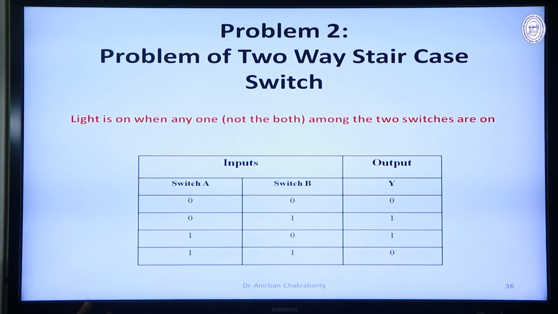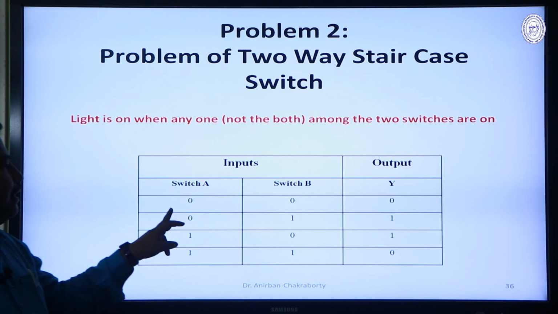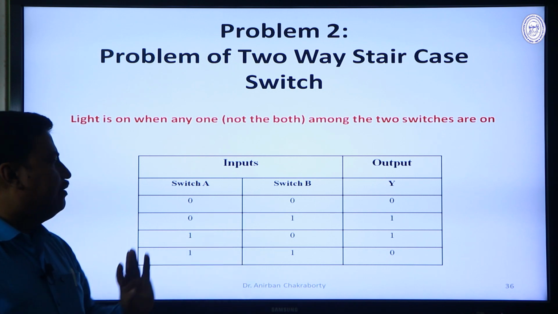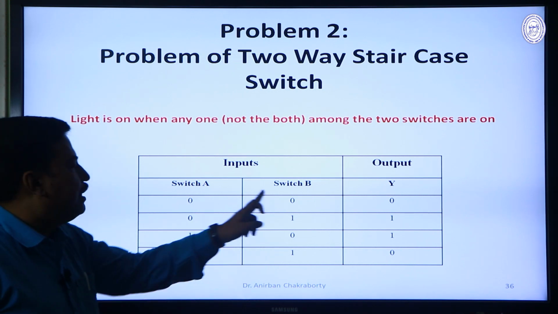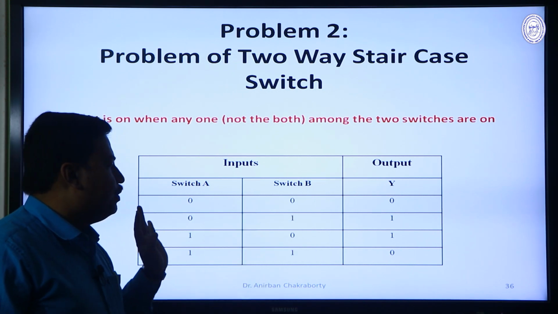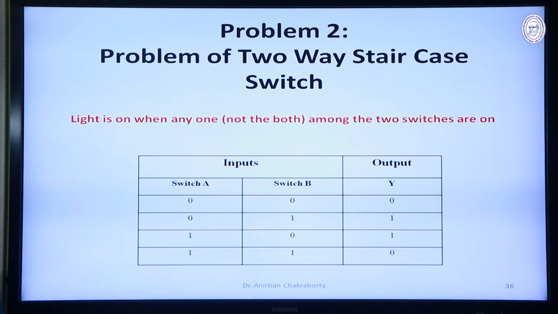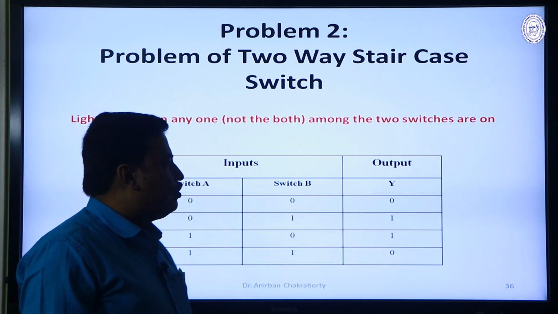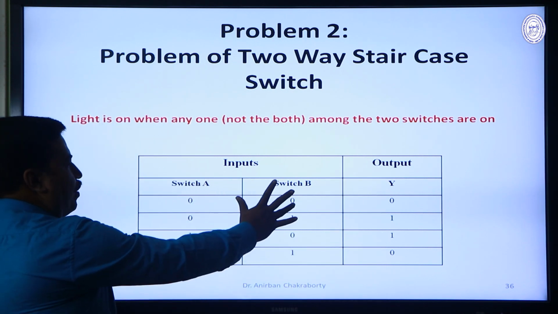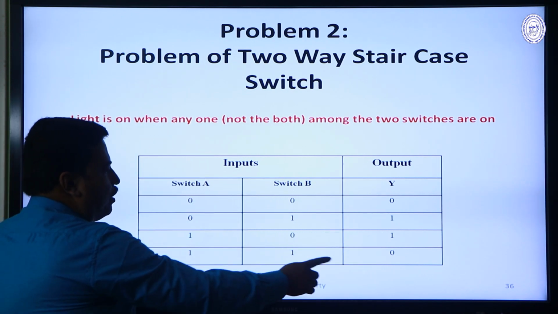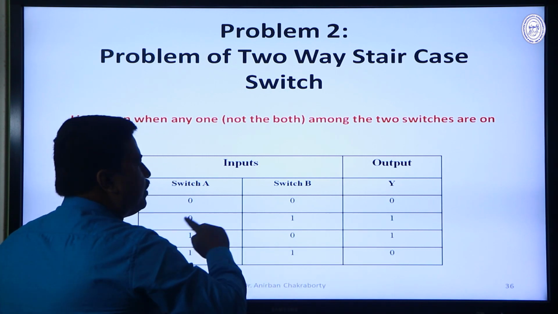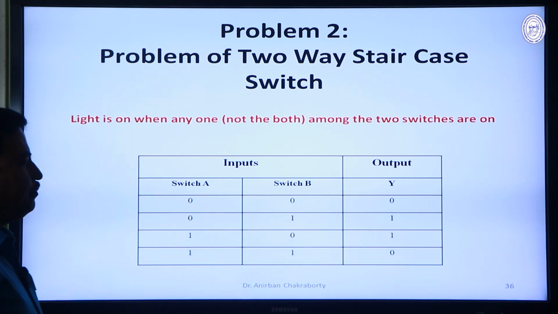The working strategy is that the light is on only when the switches are in opposite positions, either this off, this on, or the reverse. But when both switches are off or both are on, the light does not glow. So this is the truth table: when both switches are off or both are on, the light is off, else the light is on.